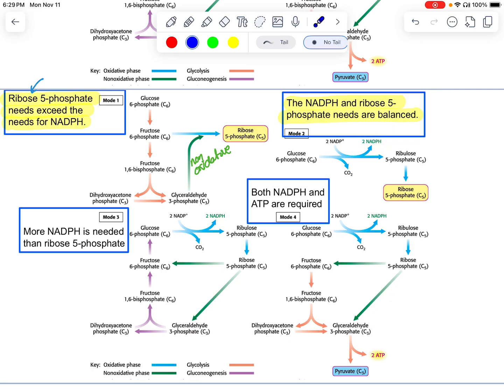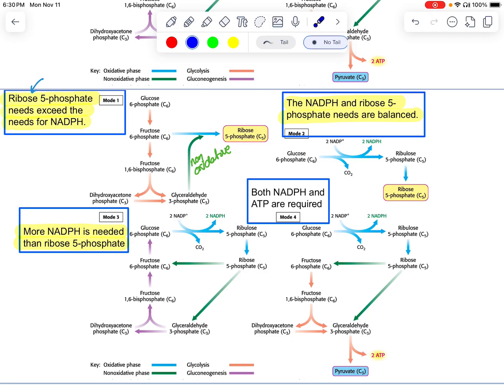All right, mode 3. Now we need more of that NADPH than the ribose 5-phosphate. So our balance is different now. In that case, we know we're going to want to go through the oxidative phase. So here we go. We've got our glucose 6-phosphate.